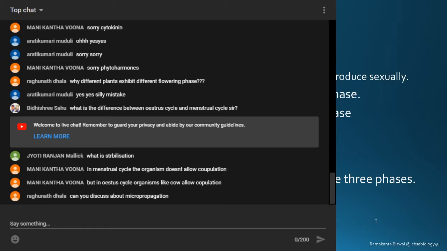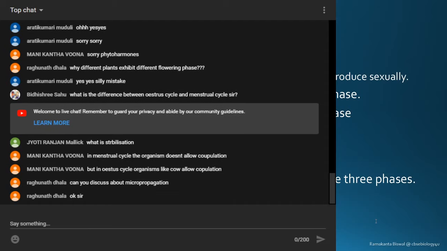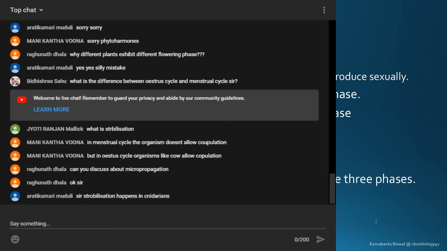So tissue culture is typically when we take a small part of the plant, the explant, and we grow the entire plant through in vitro conditions using hormones and nutrients. So that time we can actually use that. Okay, so we're going to talk about that in the biotechnology chapter. That chapter is there. We'll be talking about that.